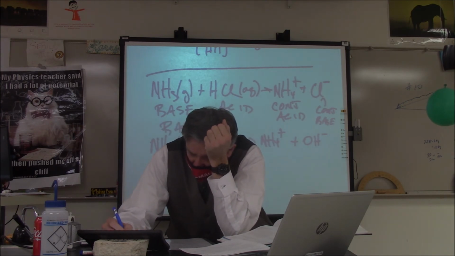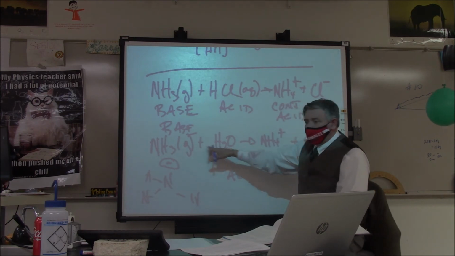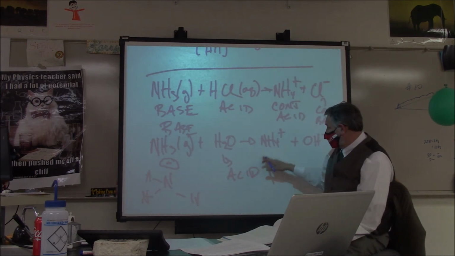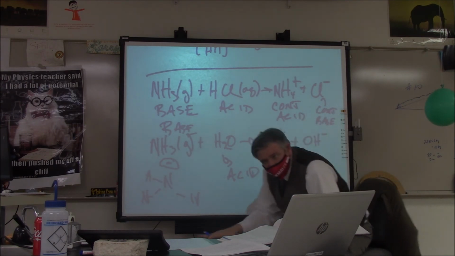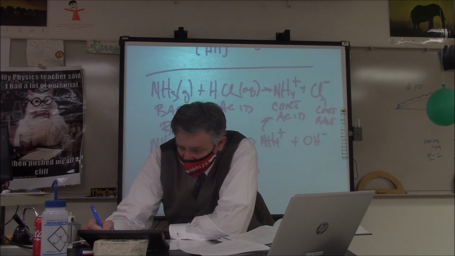But here, water is acting as the acid because it's donating a proton to the NH3. So the NH4+ is still your conjugate acid, and the hydroxide is your conjugate base.